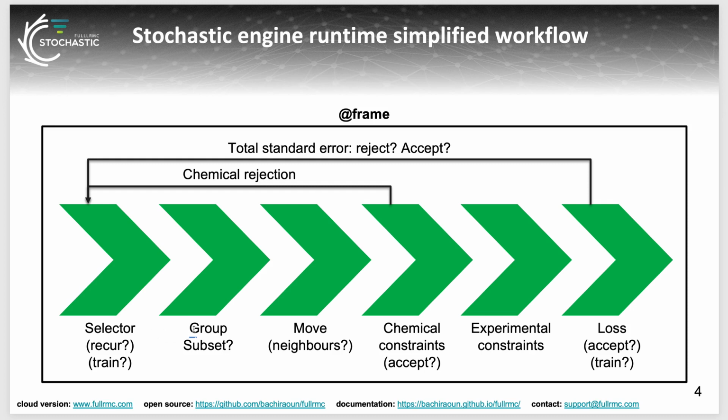Then the selector will select a group, and that group can get a subset of itself. We will talk about more, but just know that a group is a set of atoms. And each and every group will have its own move generator. All right?